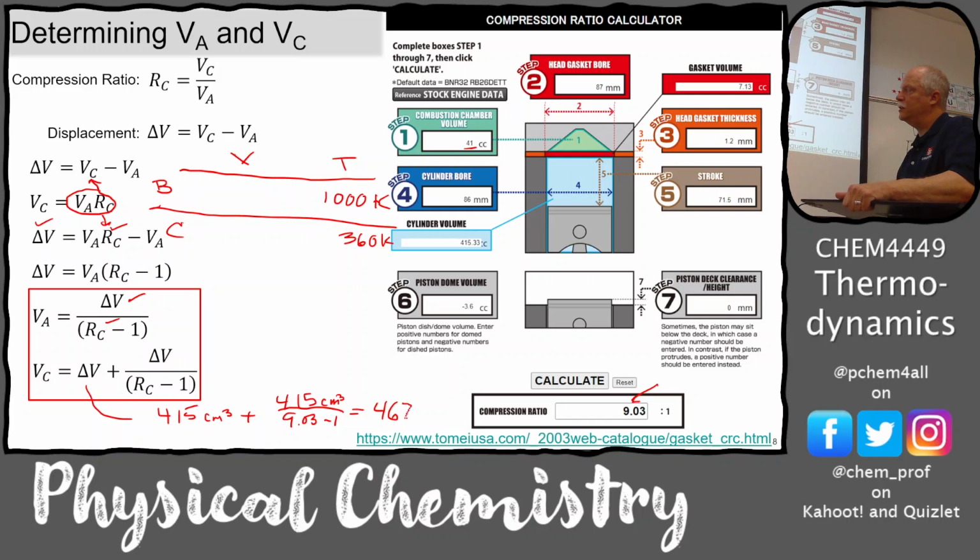Okay, we'll say 467. All right, so that's our volume here. And so see, we have our 2 temperatures and our one volume. Okay, so VB is equal to VC.